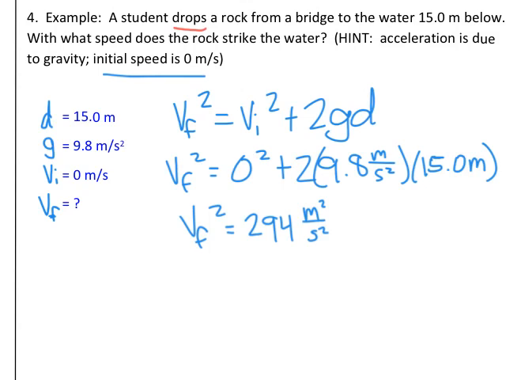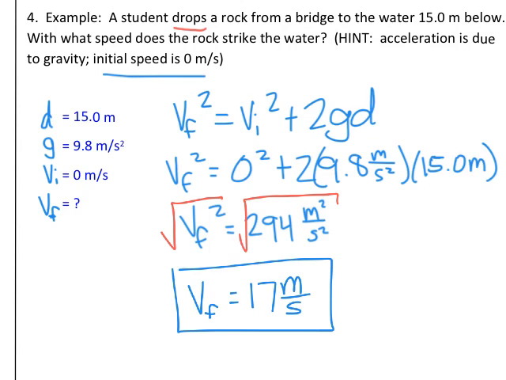And our units gave us meters squared per second squared when we multiplied these two together. Our last step, we want to take the square root of both sides, and that's going to give us a final answer of approximately 17 meters per second. And we were asked to find the final speed, so you don't have to worry about a direction. There's no plus or minus sign, it's just 17 meters per second.